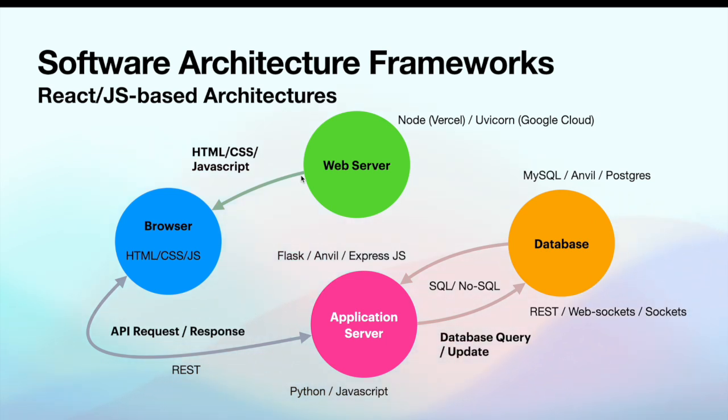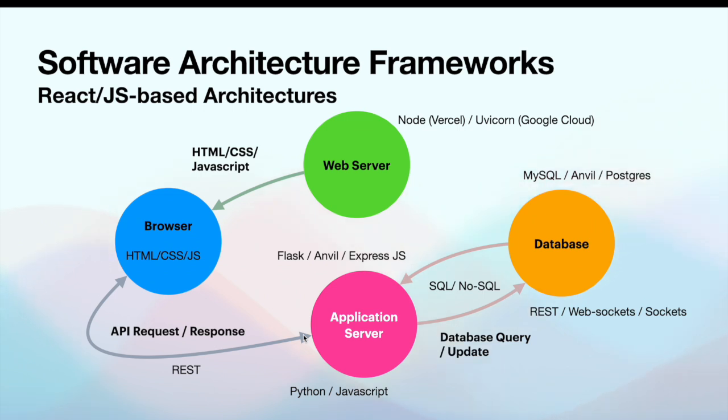So, the React-based code in the browser makes API requests to the application server using REST. So the React app lives mostly in the user's browser and just talks to the server for data. Precisely. The application server, which can be built with Python frameworks like Flask or Anvil, or JavaScript frameworks like Express.js, processes these requests and sends back API responses to the browser.